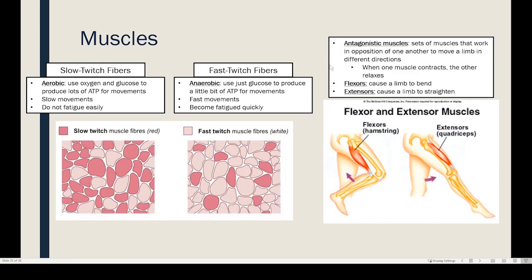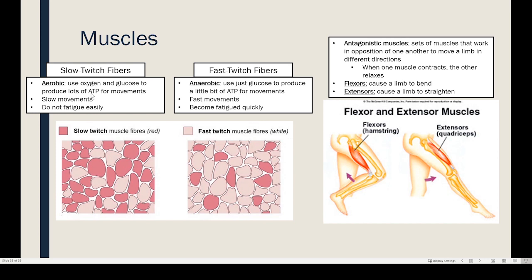So a little more detail about the structures here of muscles. Remember, I said that there's slow twitch fibers and fast twitch fibers. And slow twitch fibers undergo a process of using and creating energy that we call aerobic. So it uses oxygen and glucose to produce the energy that it needs, ATP, to produce those movements.